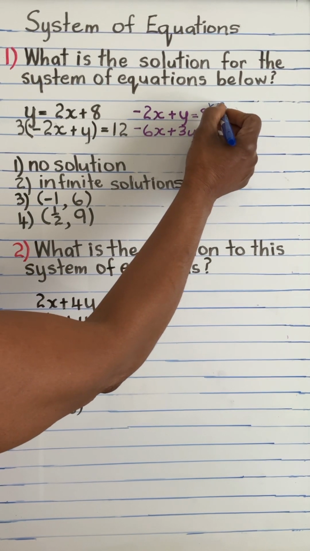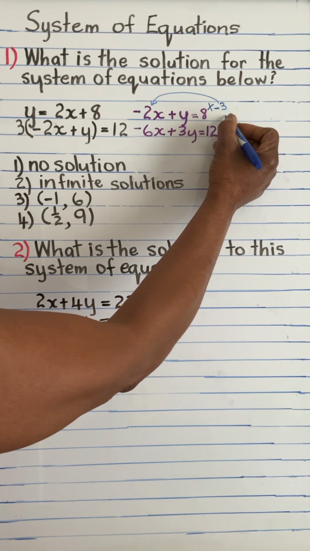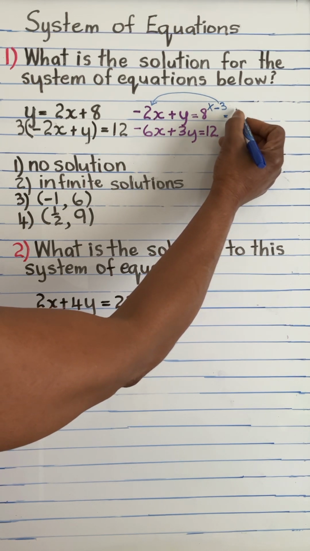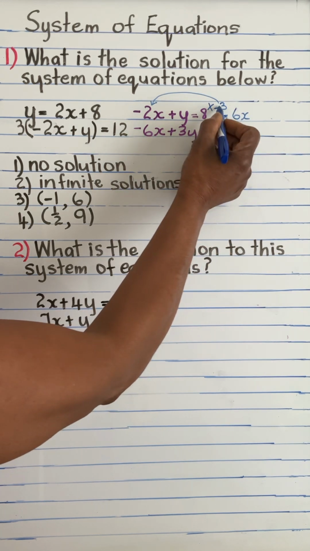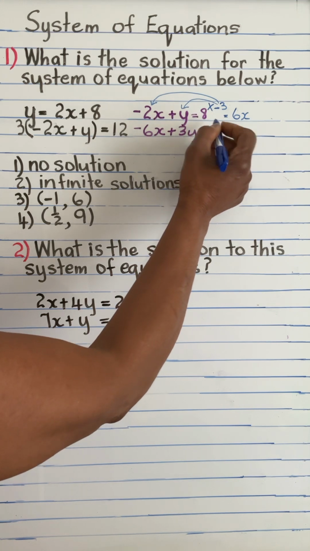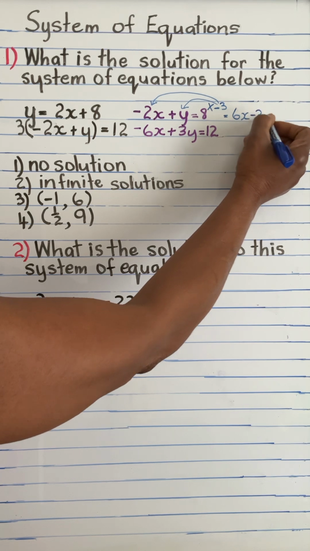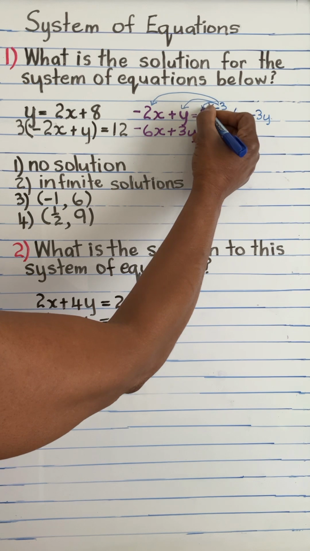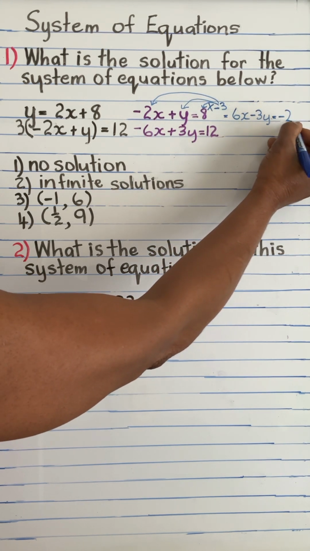So 2x becomes negative 6x, y becomes negative 3y, and 8 becomes negative 24. Wait, as spoken: we multiply by negative 3 and get 6x, negative 3y, and negative 24.